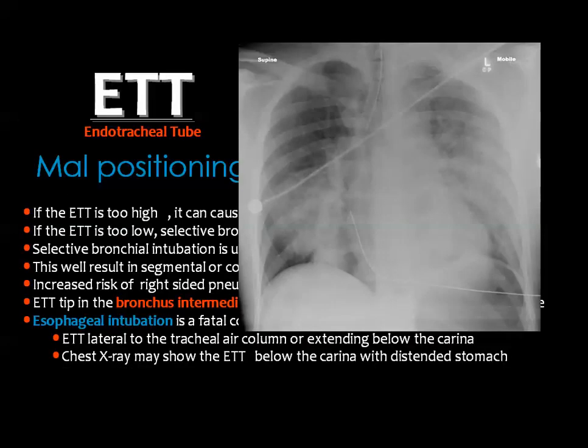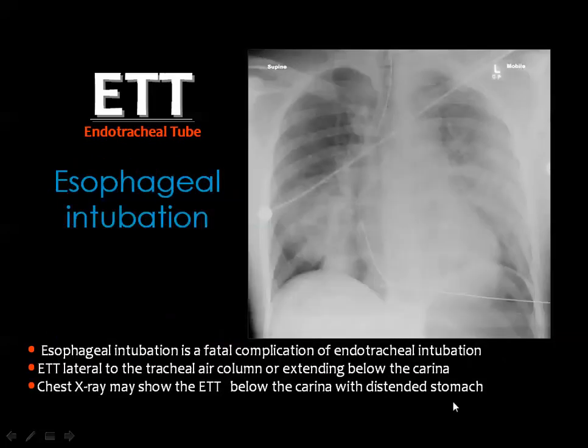One of the complications also is to put the endotracheal tube into the esophagus. This esophageal intubation is very dangerous, of course, because air will enter into the esophagus and will distend the stomach.